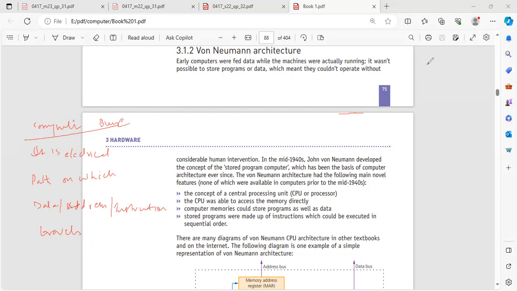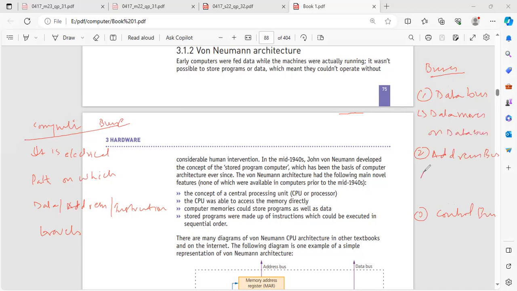So there are three types of buses. One is the data bus, second is the address bus, and third is the control bus. Data moves on the data bus.